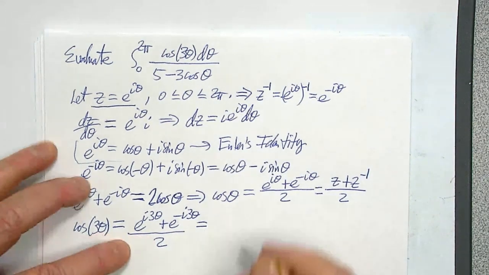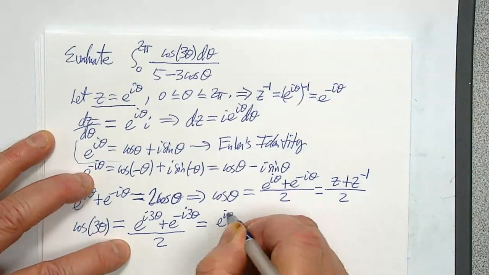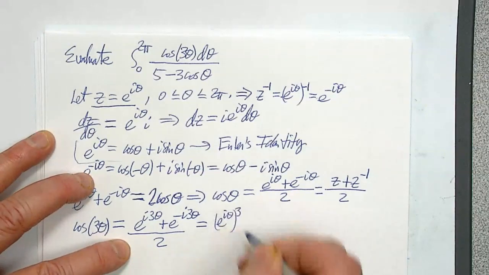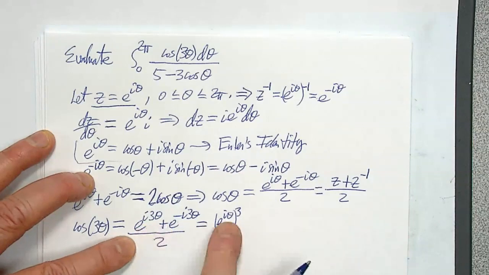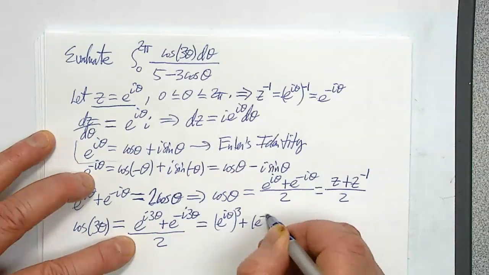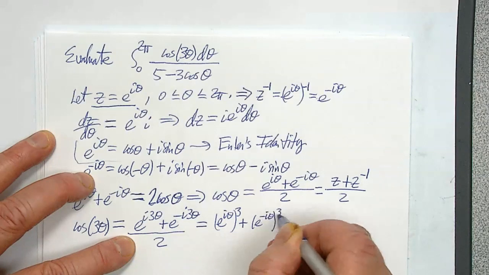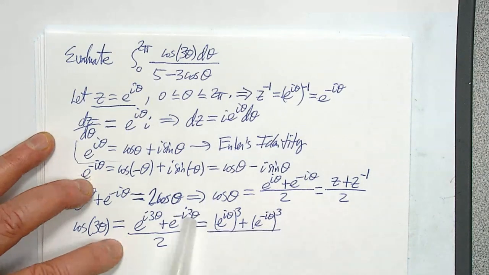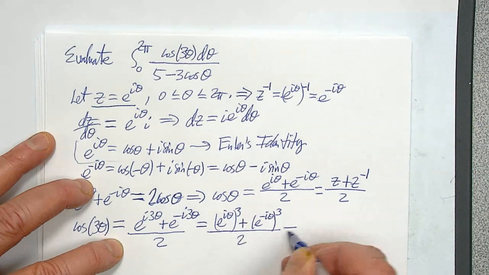But really, e to the i 3 theta is the same as e to the i theta cubed, right? And e to the minus 3i theta is the same as e to the minus i theta to the third, because that's where you multiply the exponents.